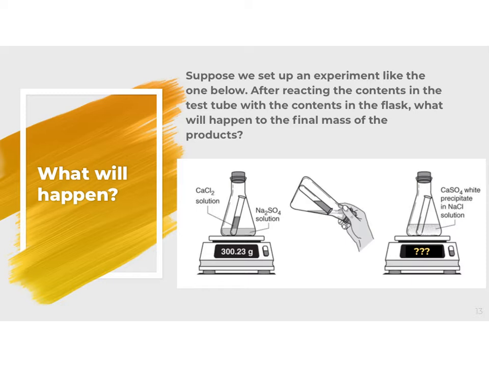Knowing that we have these chemicals and the atoms that comprise them inside of the flask, and this flask has a top on it, that means nothing is going to get out. So what would you assume would be the final mass of the products?